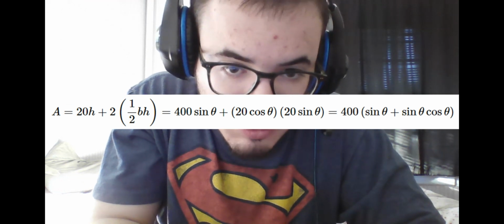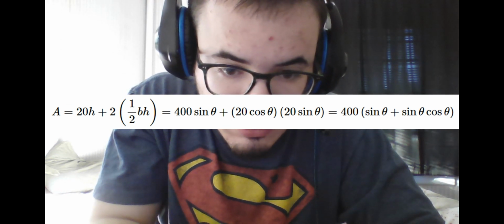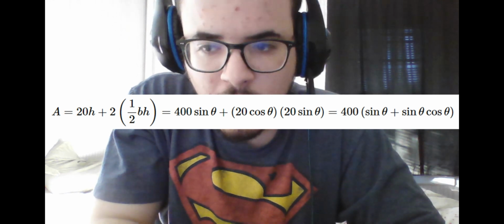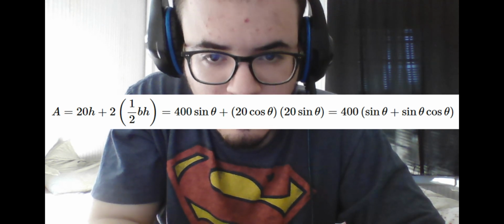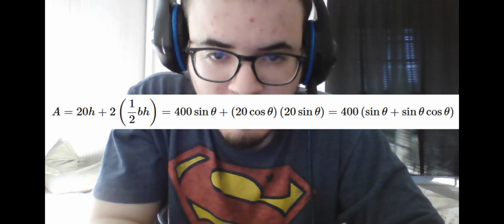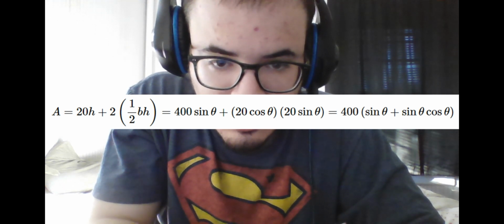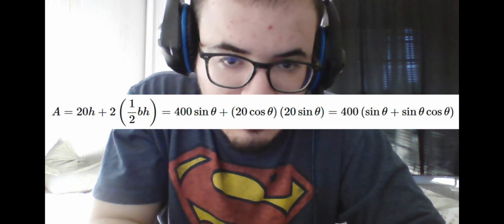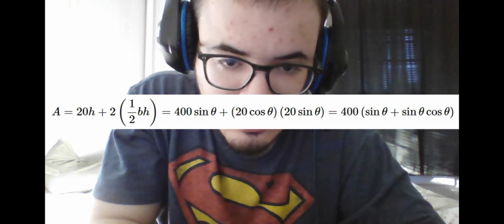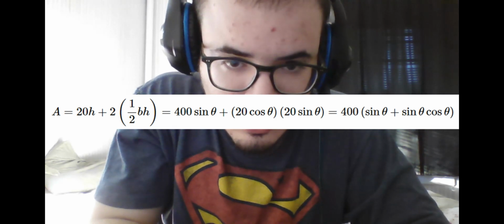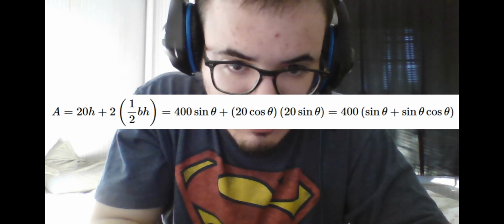Height equals 20, also the hypotenuse, times sine of theta. And we know a rectangle is simply base times height, or length times width. We see we are given the rectangle has a length of 20, and we see the height of the rectangle matches exactly the height of either triangle.